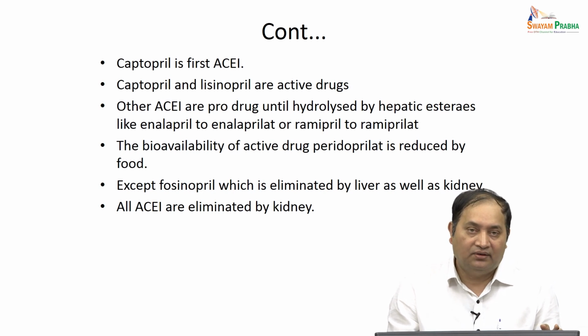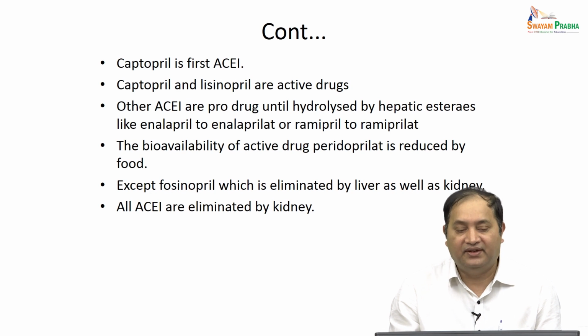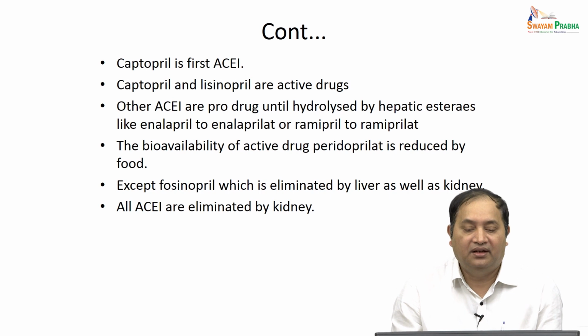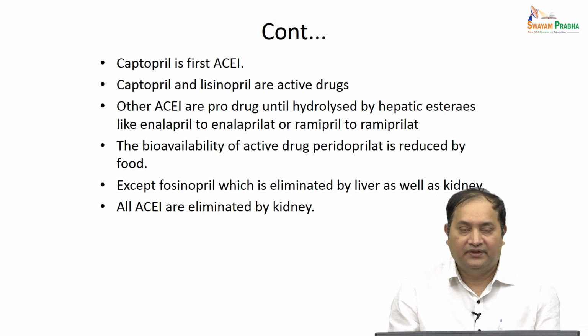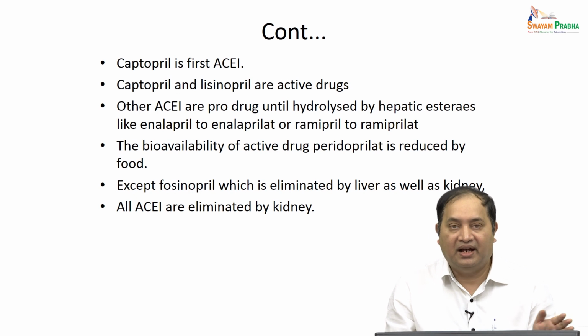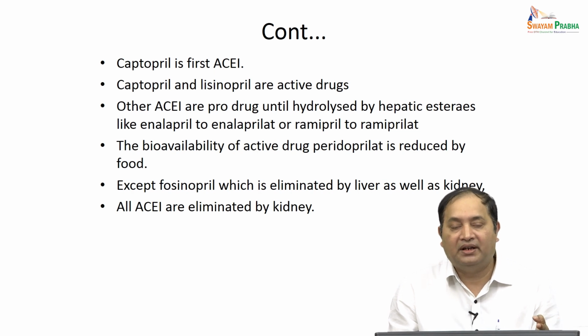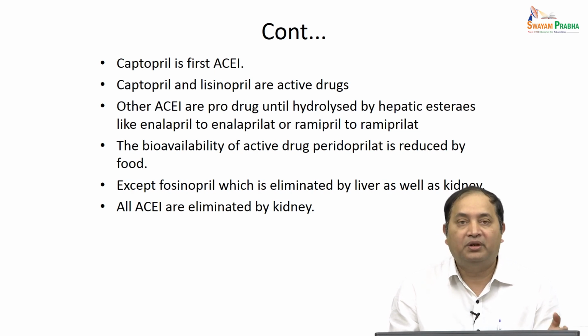Now, when you discuss ACE inhibitors, captopril is the first ACE inhibitor. As you can see, there are a lot of ACE inhibitors, and captopril and lisinopril are the active drugs. Other ACE inhibitors are prodrugs, which get activated when hydrolyzed by hepatic enzymes. For example, if you give enalapril, it is converted to enalaprilate, or ramipril, which is converted to ramiprilate.